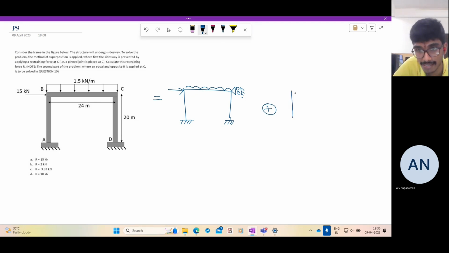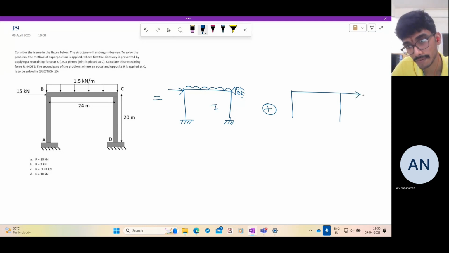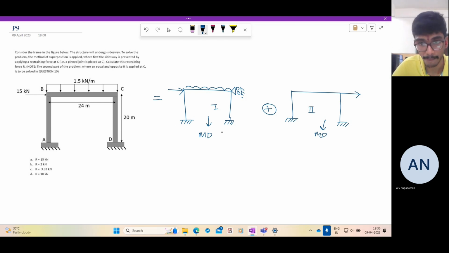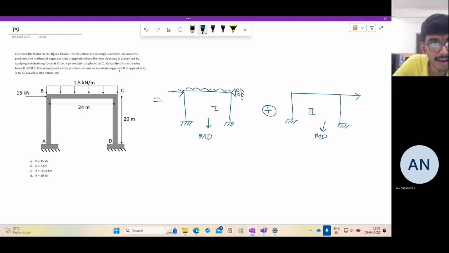So whatever reaction is generated at the support in problem 1, apply the negative of that reaction here and solve for the unknowns. That's it. From here you have one moment distribution cycle. From here you have one moment distribution cycle. Finally, superpose both the results. That is what we are going to do.